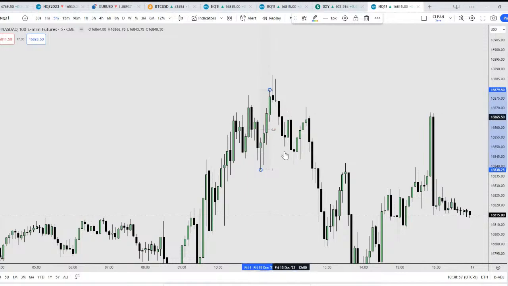Right at this point you don't really have any prices closing below the low here, right up till this candle here. So this becomes problematic.